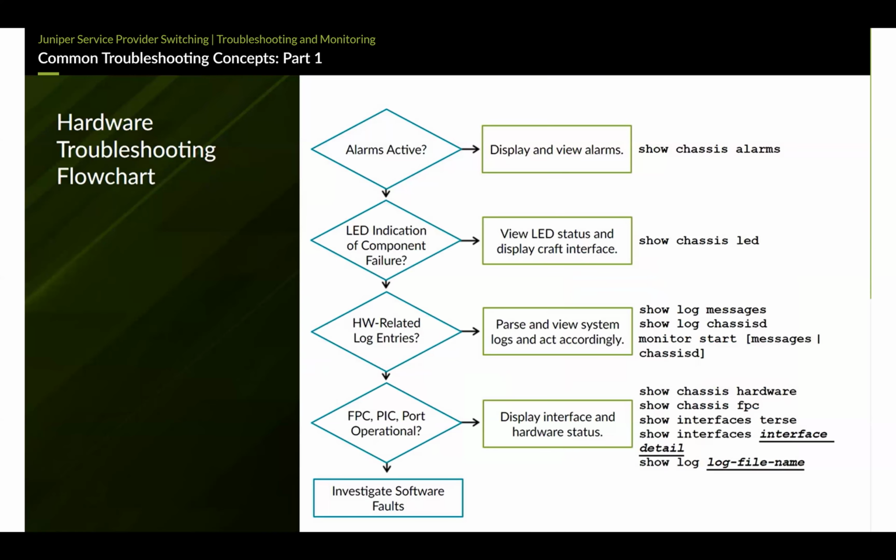Okay. So the hardware troubleshooting flowchart is for a completely hardware related problem, like display and view alarms. You can get alarms from LED indication, or you can get alarms from different CLI commands. If it comes from the chassis, you can collect those alarms or logs from chassis alarms, and you can also collect all logs from syslog.